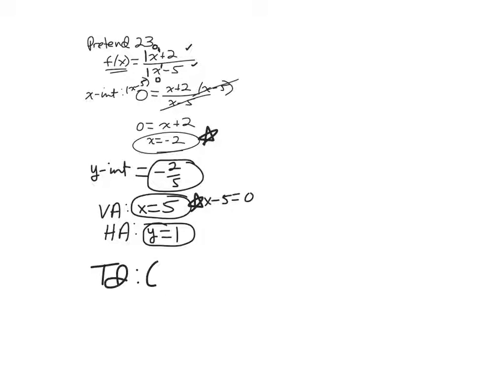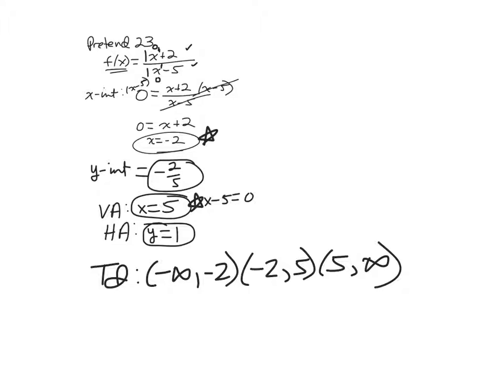So we're going to go -infinity to -2, -2 to 5, and 5 to infinity. We're going to take values off of each of those intervals. I choose -3. I already put 0 in, so I think here maybe I'll do 1 just to get another point. And from 5 to infinity, maybe I'll choose 6.